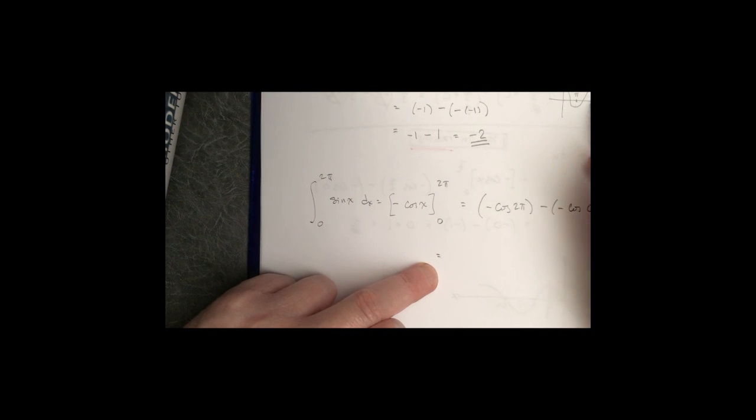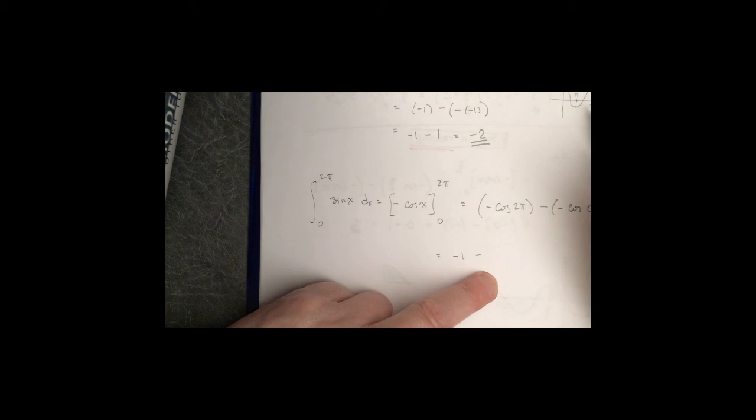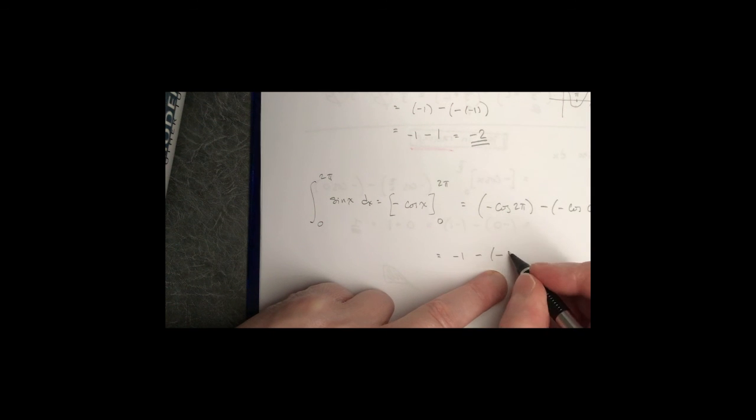The cosine of 2 pi is +1, so that's -1 again. Subtract. The cosine of 0 is a +1. It's a positive 1 this time, so I'm subtracting negative 1.